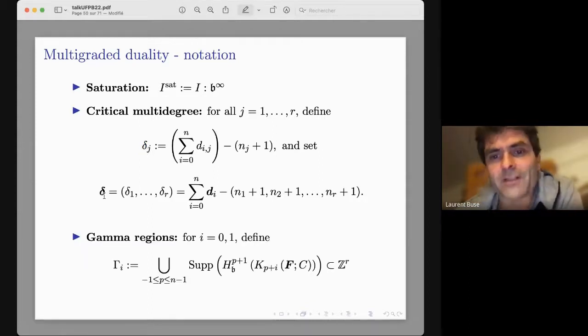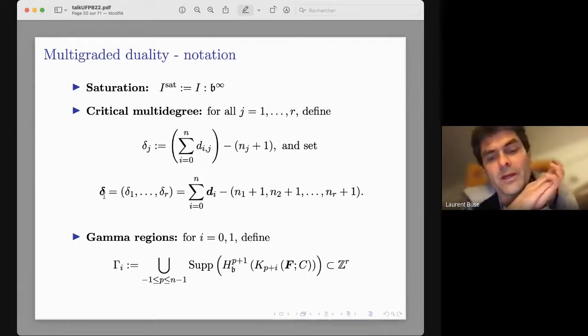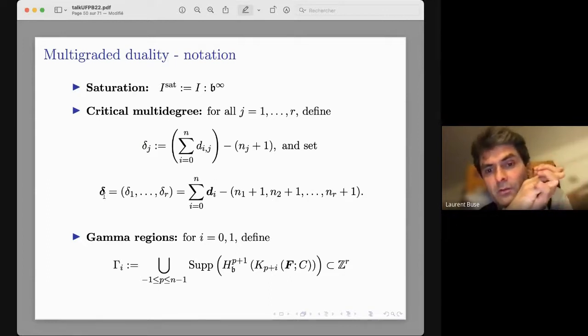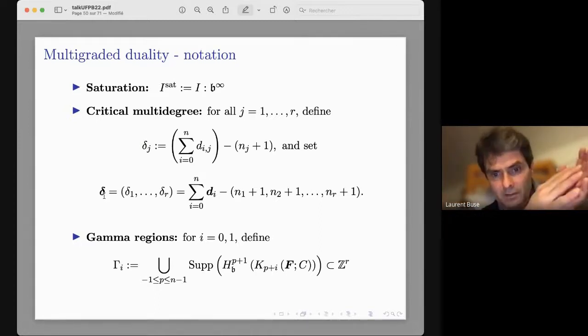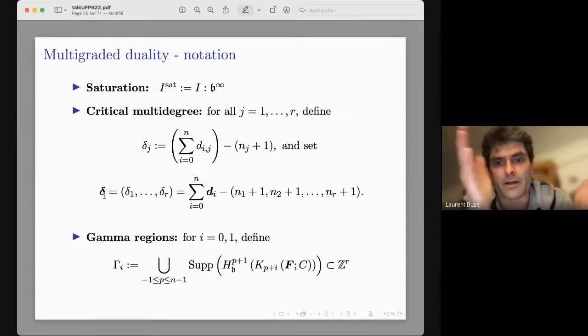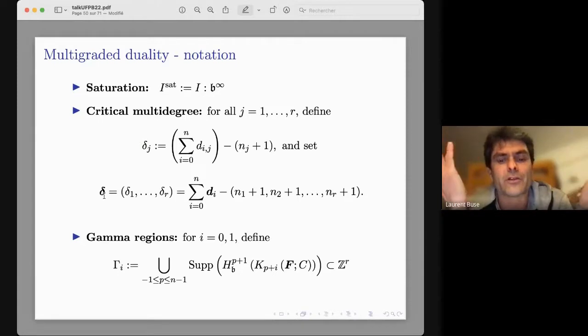And so the situation is actually not so nice with respect to the product of projective spaces. That is, we don't have a theorem similar to what Jouanolou proved, for instance. We don't have a true duality between I^sat mod I and the dual of C mod I for any degree between 0 and delta. We cannot do that. But we can say things outside some regions.